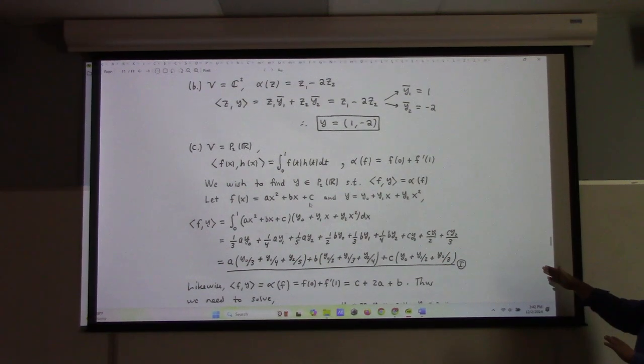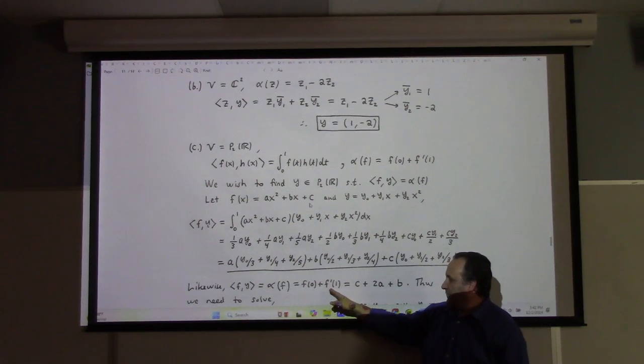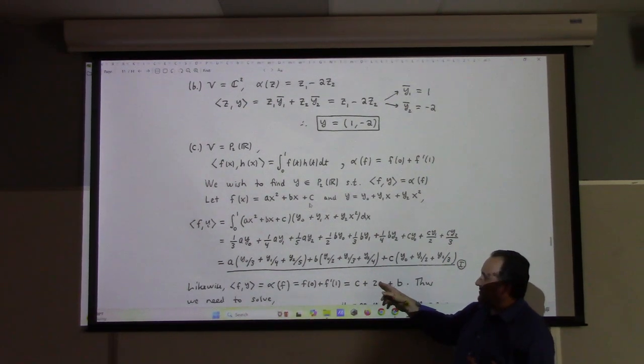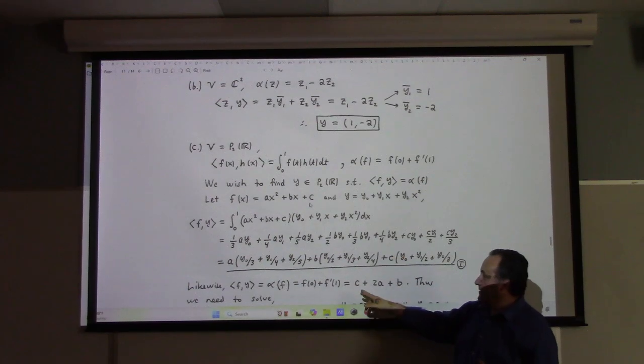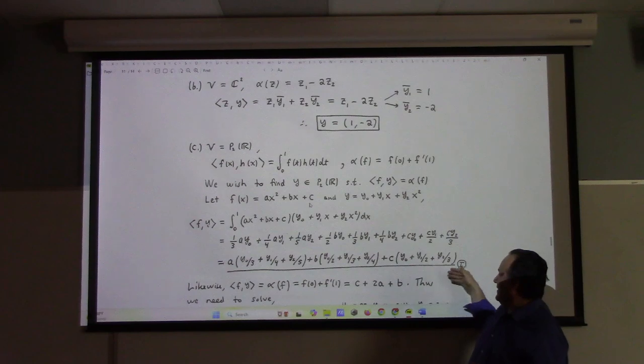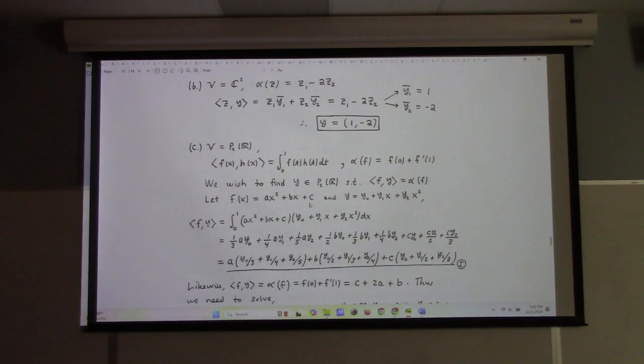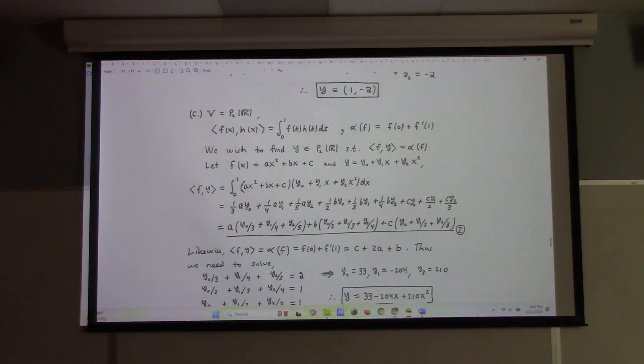But I need that to be equal to alpha of f, right? And alpha of f is f of 0 plus f prime of 1, which in our context, f of x being ax squared plus bx plus c, is this. So I need to solve c plus 2a plus b equal to that. This is why we have row reduction.